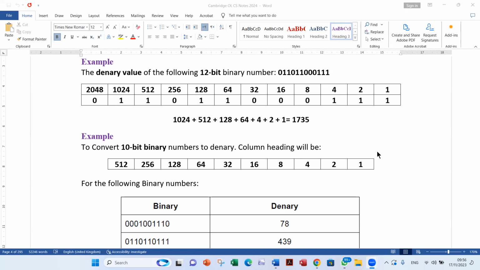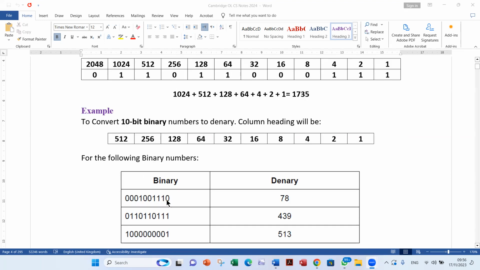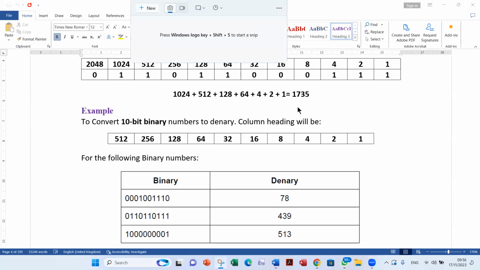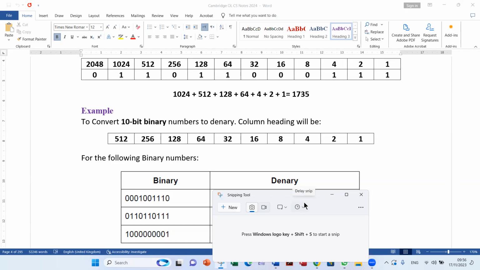1735. Okay? If you need to deal with 10 bits, column headings will be like that. 1, 2, 4, 8, 16, 32, 64, 128, and then this is 8 bits, and for 10 bits, you also need to include 256 and 512.